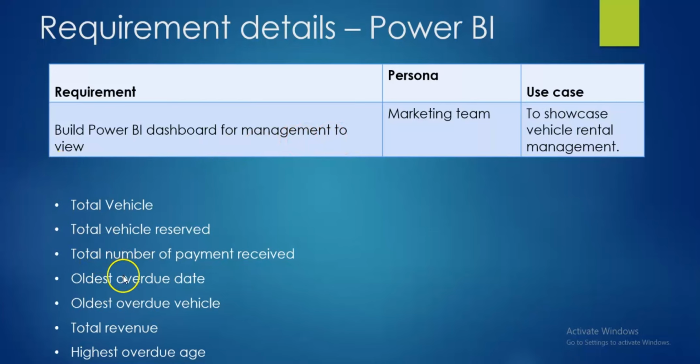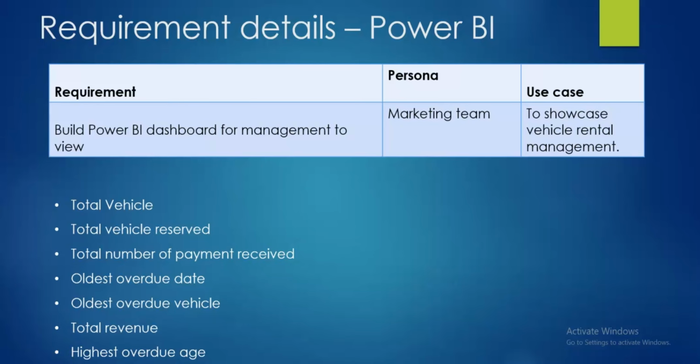We are going to build a Power BI that will show the total vehicles that are reserved, the total number of payments received, the oldest overdue date, oldest overdue vehicle, the total turnover, the total revenue, and the highest overdue age. So let's go and check how we built our Power BI.